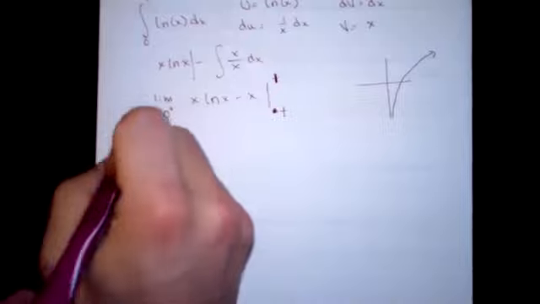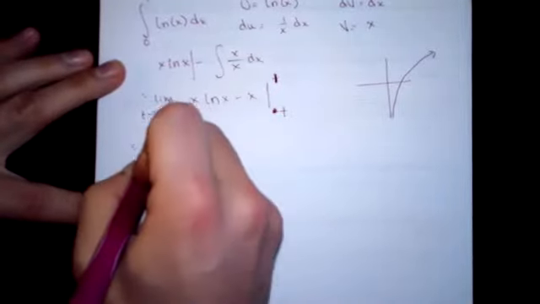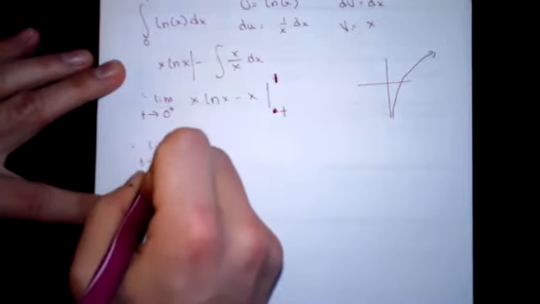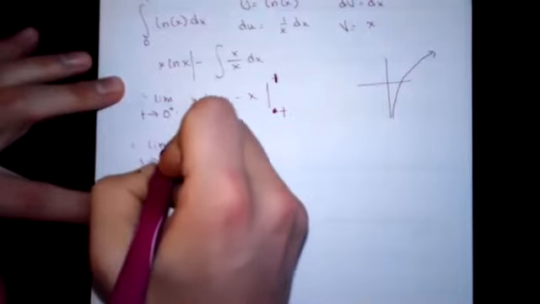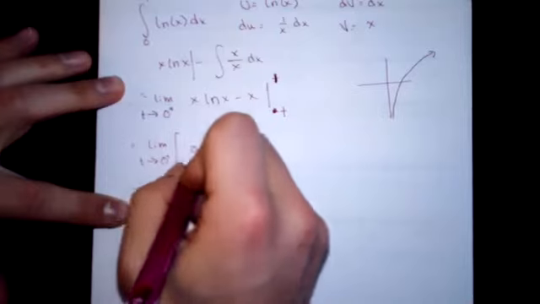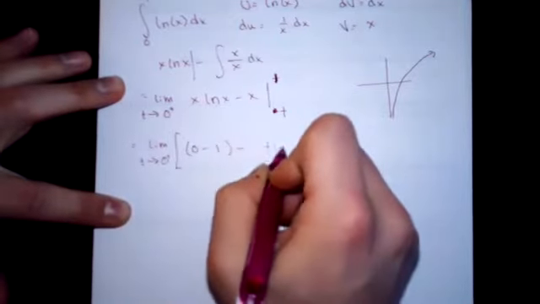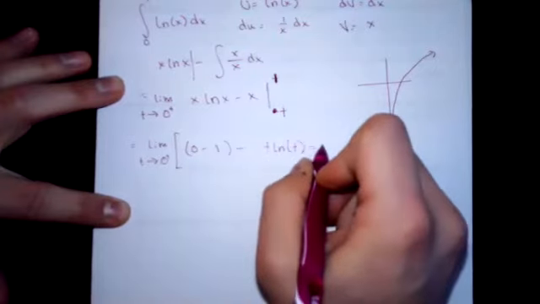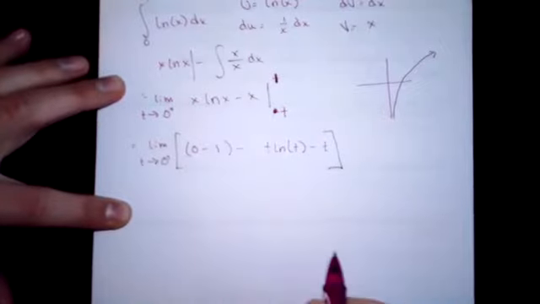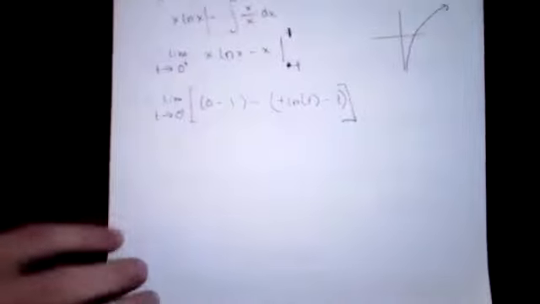When we plug that in, what do we get? We plug in the 1, and we get the limit as t goes to 0 from the right. When I plug in 1, natural log of 1 is 0. And then I plug in my t to that function.